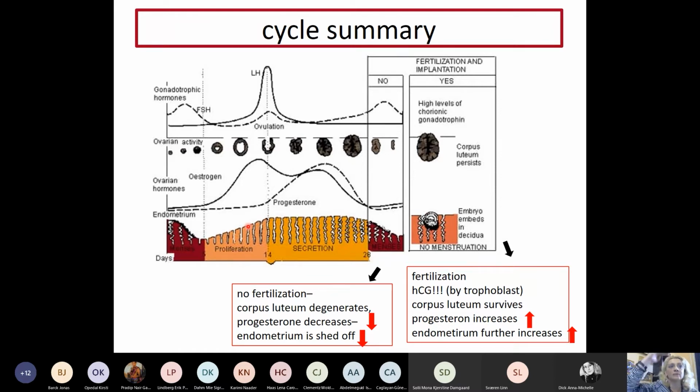Okay, hypothalamus acting on the pituitary gland with FSH and LH acting on the ovary. The ovary is producing the ovarian hormones, estrogen and progesterone. And this acts on the uterus, on the endometrium, and causes these changes. So this is extremely important that you understand this and you know the basic changes of the hormones.